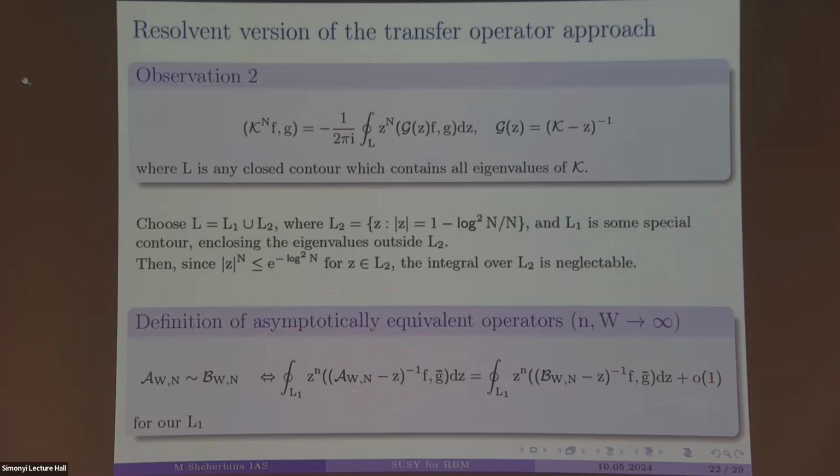The complete partition function is the sum of this contour and the integral with respect to the contour on what I am calling L2, which is a small z. But this does not contribute, so the resolvent gives you the same.